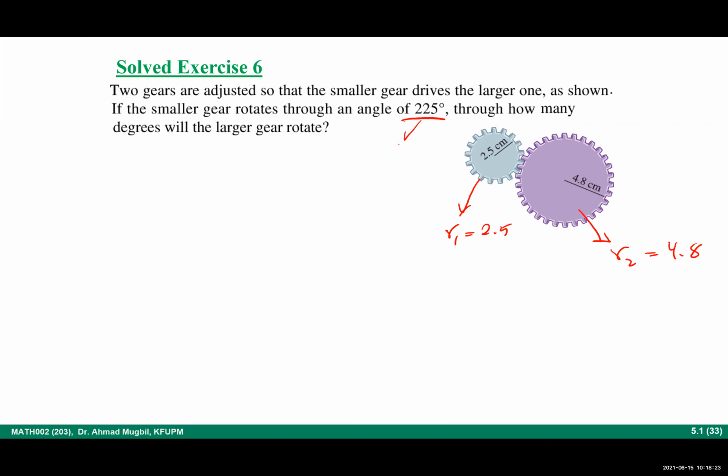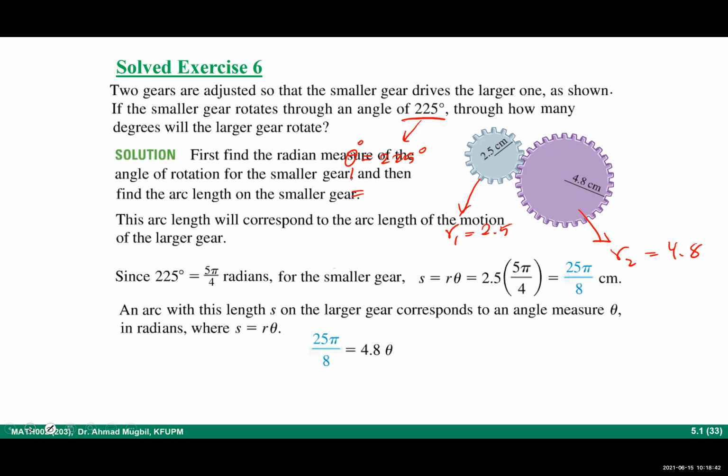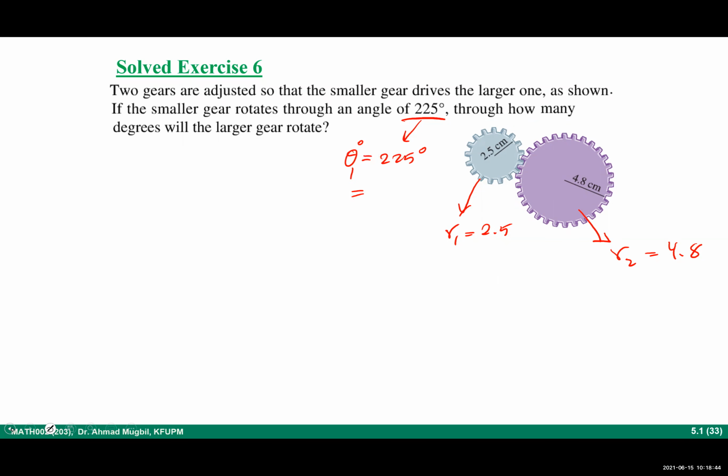Now also here, this theta is in degrees, by the way. You should convert it to radians. So theta 1 is for the smaller one. It is 150 degrees. What is this in radians, Shabab, if you convert it? It is 5 pi over 4.